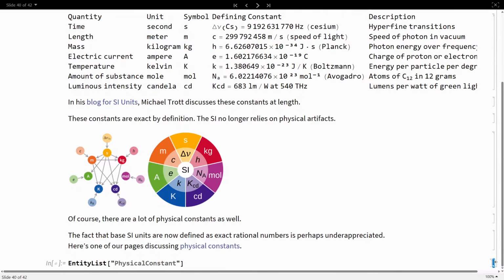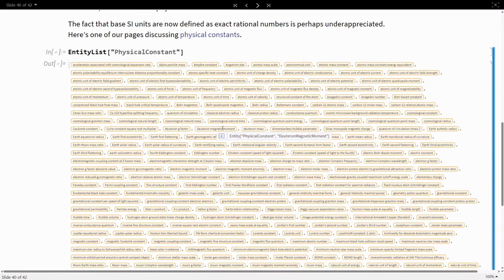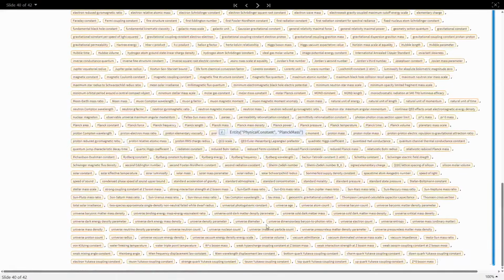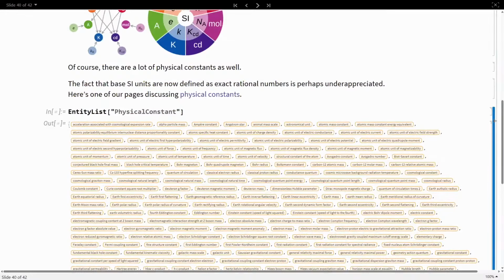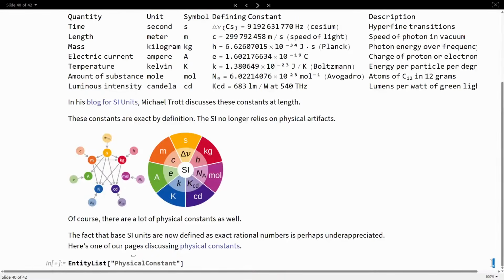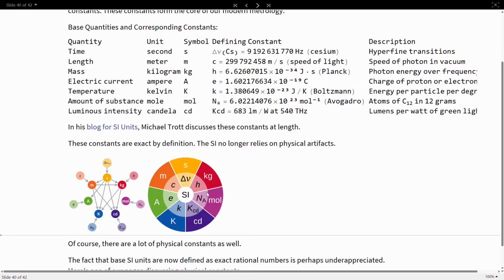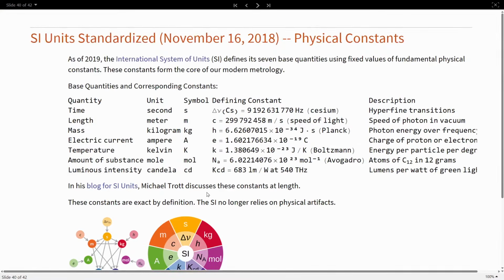In fact, we have over 400 of them, and here's some of them here. Maybe I should do a talk on these as well. We also have a page discussing some of the physical constants and how nice it is that everything is a rational value now. So I didn't have time to go into physical constants. In fact, it looks like I've already gone over.